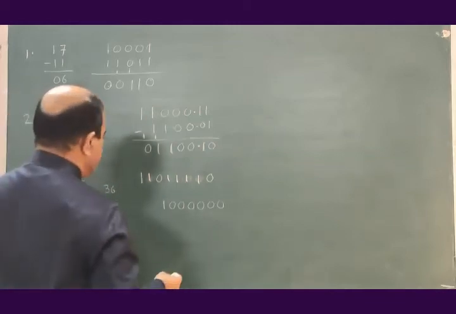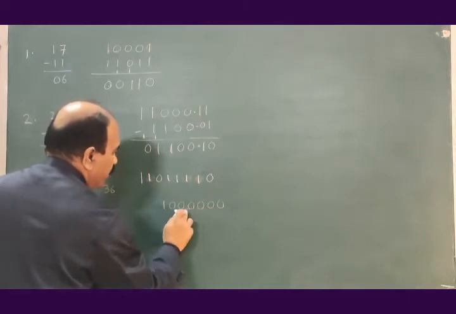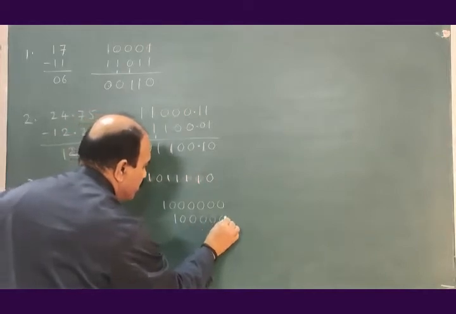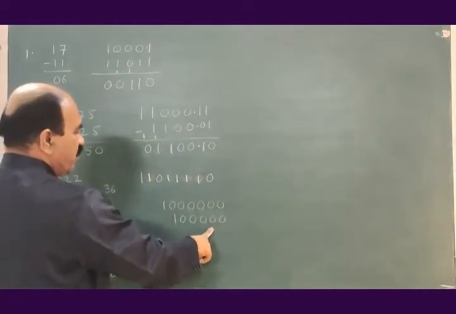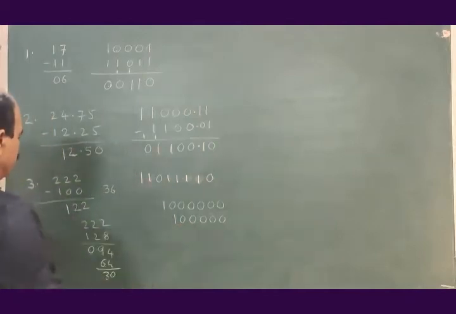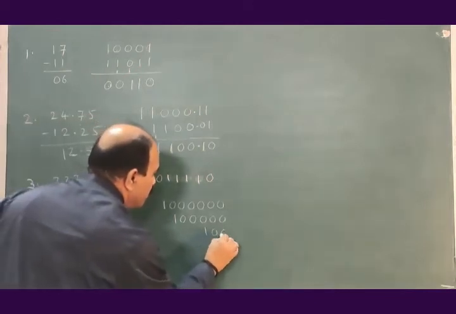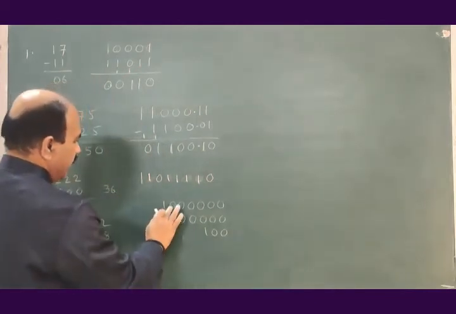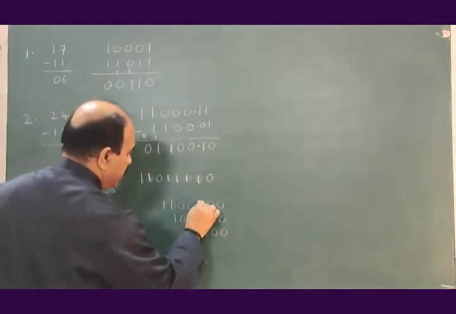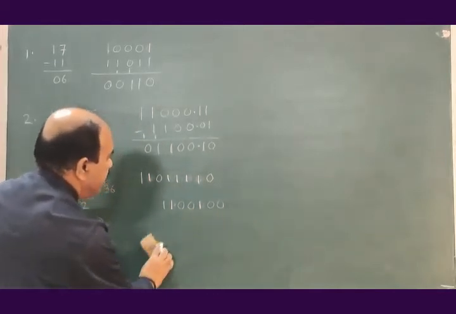For that, let us consider 32, to the power 5 is 32. From 36, 32 is taken, what is left? 4, 1, 0, 0. So, I have to take 1 here, then 1 here, and that will correspond to 100.